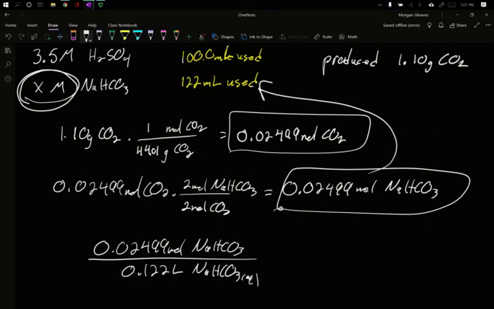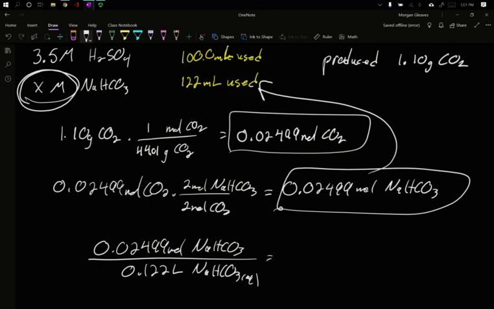Now, that 100 milliliters of sulfuric acid, that's not part of the bottle that sodium bicarbonate came from. All of the bicarbonate came from the 122 milliliters that would have been poured out of its own bottle. And so the concentration that would have been in the bottle, the concentration of sodium bicarbonate originally, is the moles of bicarbonate over its volume.